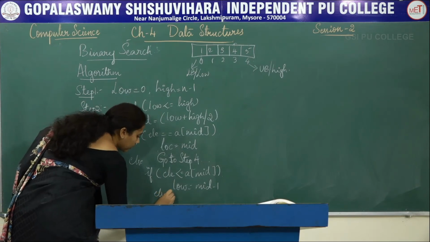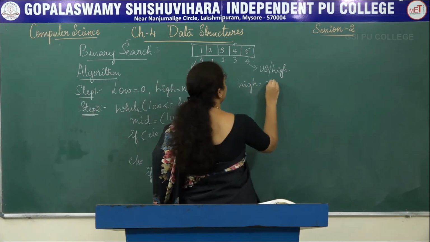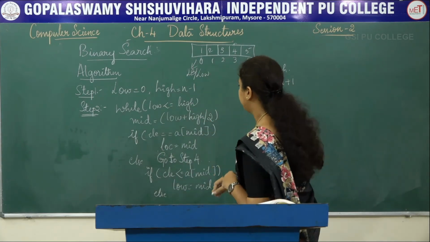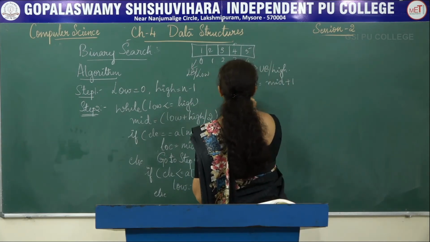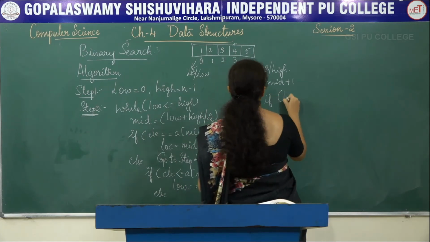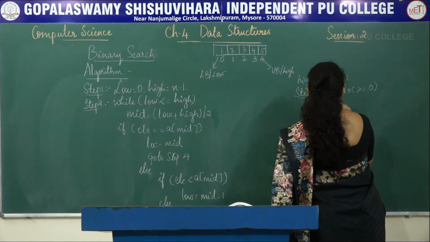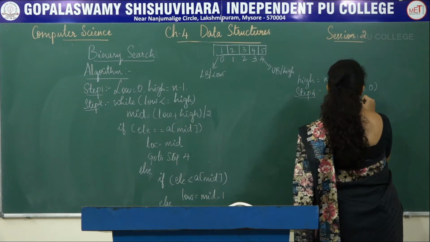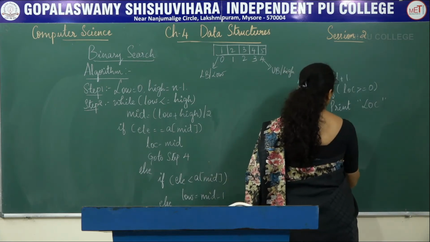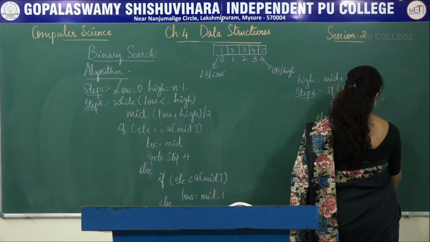Else high is equal to mid plus 1. And what is step 3? If location is greater than or equal to 0, then we have to print it as location, else we have to print it as unsuccessful search.